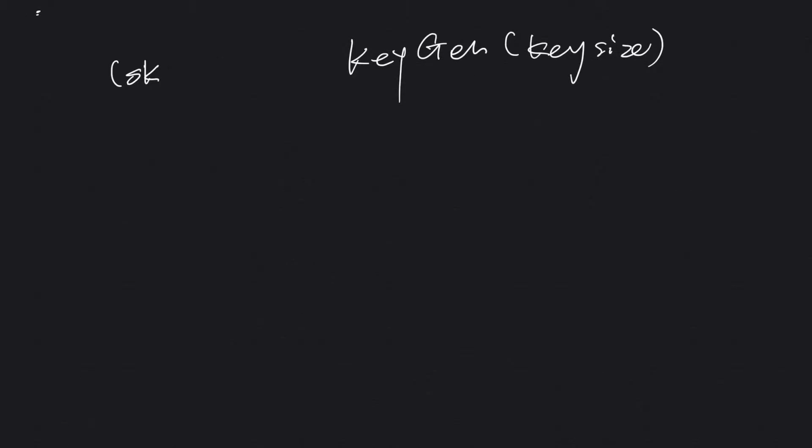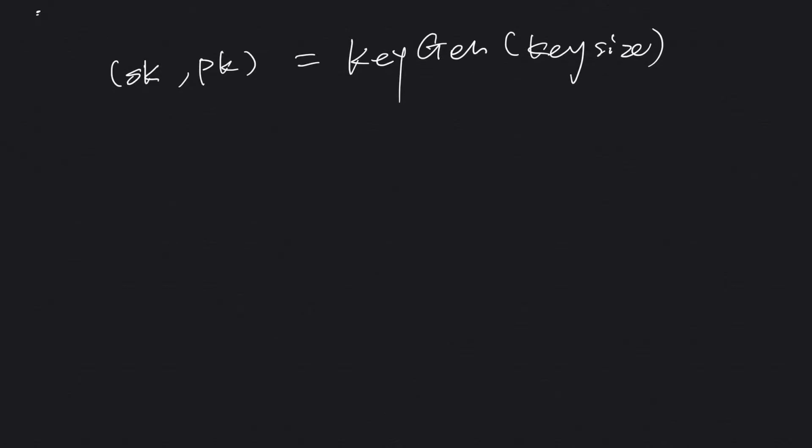So how do we design the API or operations for a digital signature? One API you have to have is key generation, which you pass a key size to, and you get back SK, the secret key, which is the private key, and PK, which is the public key.